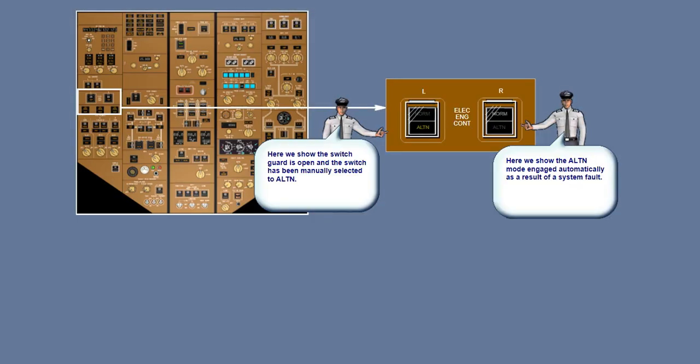The alternate mode is engaged automatically if the normal mode has failed, or manually by selecting the guarded switch to the released position. In any event, when alternate is engaged, the alternate light illuminates, and the ICAS advisory message, left or right engine EEC mode is displayed.